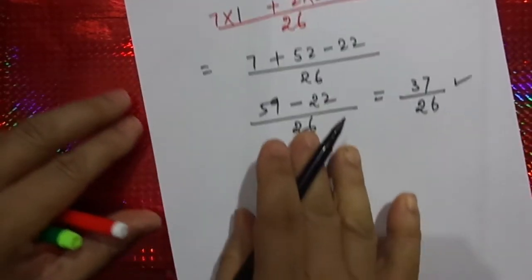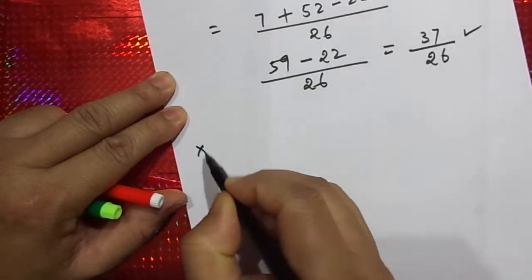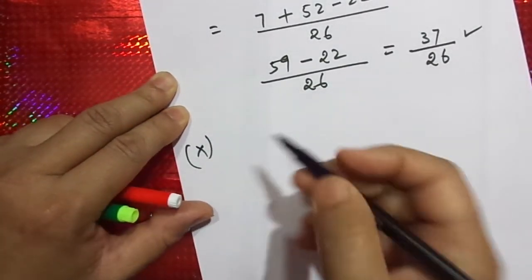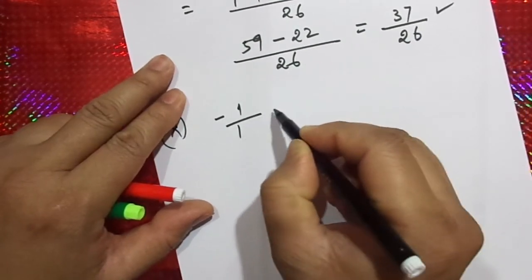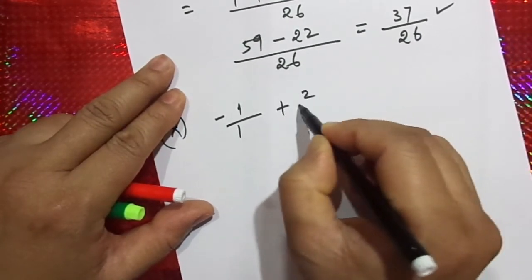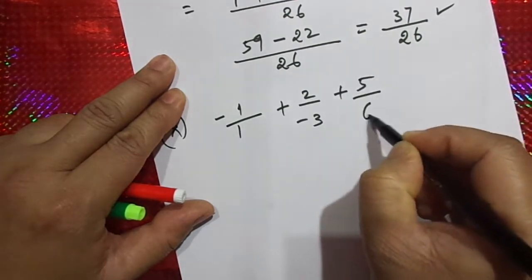Next, come to number 10. Here we have once again minus 1 by 1 plus 2 by minus 3 plus 5 by 6.